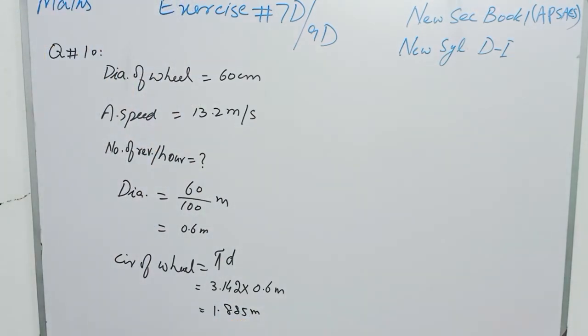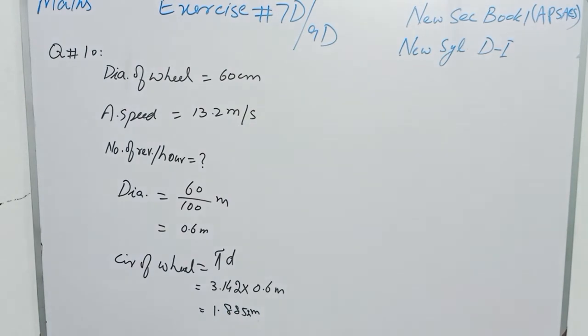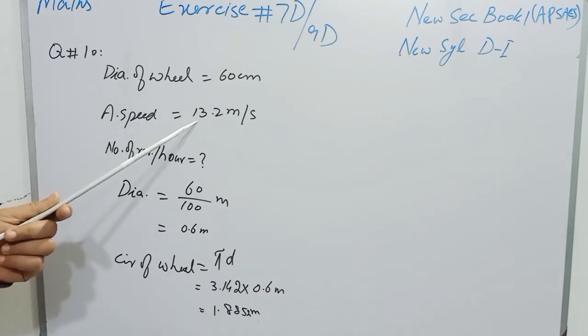The circumference of the wheel is 1.8852 meter.